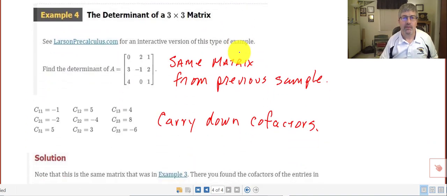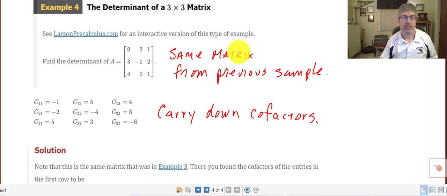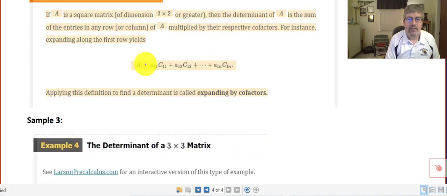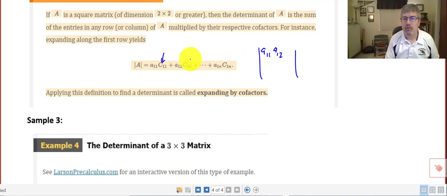So let's calculate the determinant of a 3 by 3 matrix. Well, here in our definition, to find the determinant, we simply take a11, that is simply our uppermost left row and column, and we multiply it by its corresponding cofactor. We add it to a12 multiplied by its corresponding cofactor, and we do that until we complete the entire row.